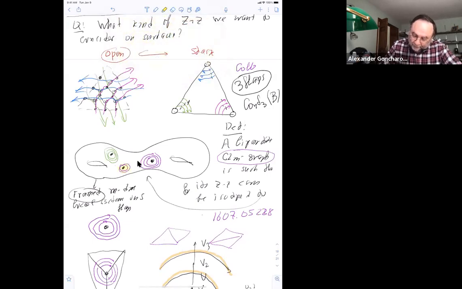This data gives you one flag, this gives you another flag, this gives you a third flag. And what you see inside gives you the local system. So it explains why cluster coordinates exist on framed local systems, but they do not exist on local systems. Because actually, this data of zigzag paths is the most important part of the data. And if you are just dealing with local systems, you just don't have it.